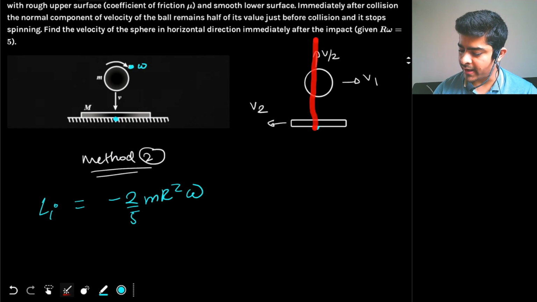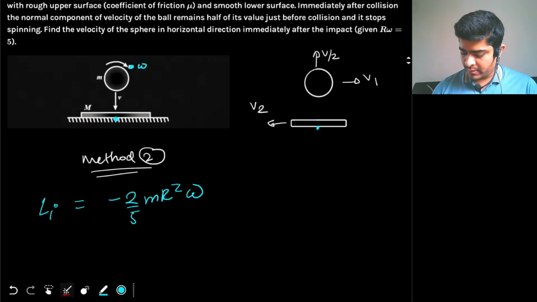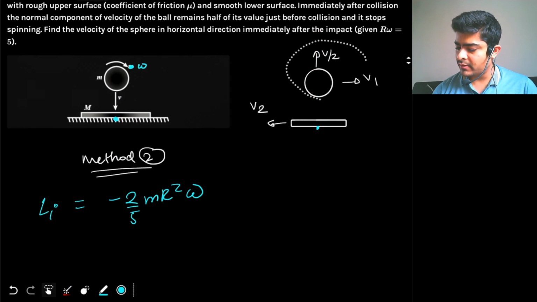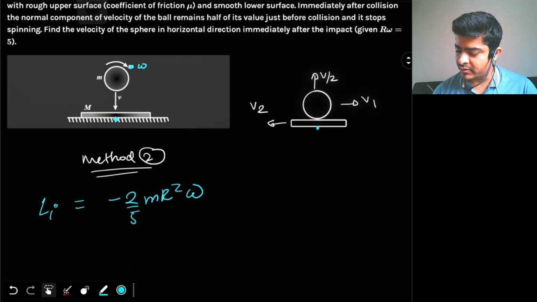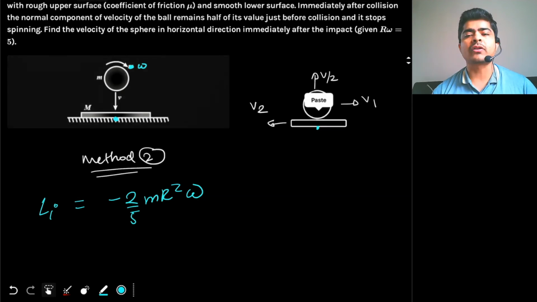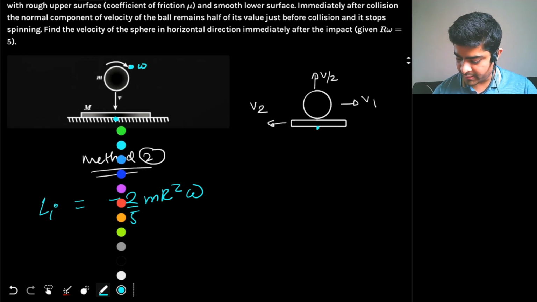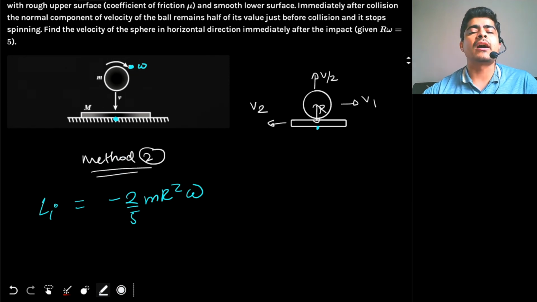Okay. Now what about the final angular momentum? During this final angular momentum, we have to look at the condition when the sphere has just left contact with the plate. So the distance between the point and the center of the sphere will be r.